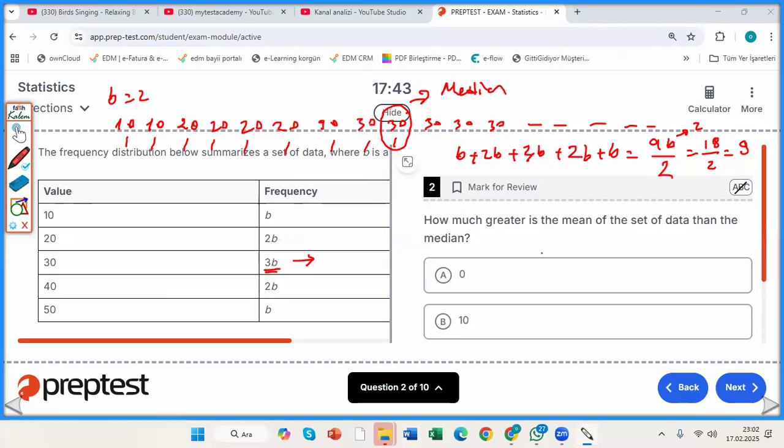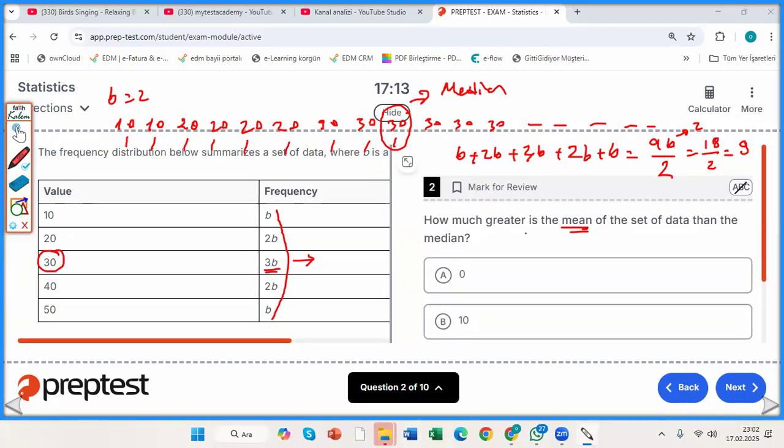What about the mean value? I don't want to lose time because it is a homogeneous sketching. That's why when you look at the frequency sets, you can easily realize the average value of that set is also 30.